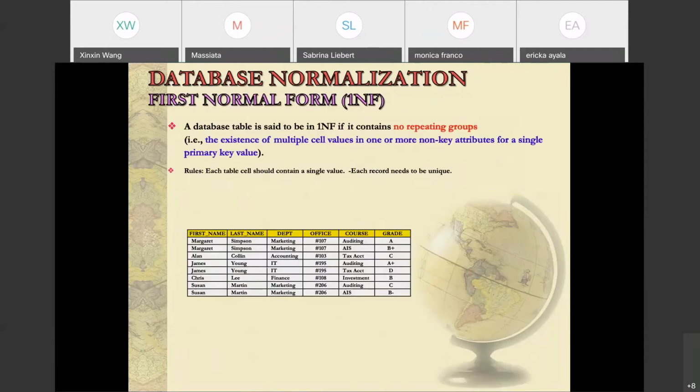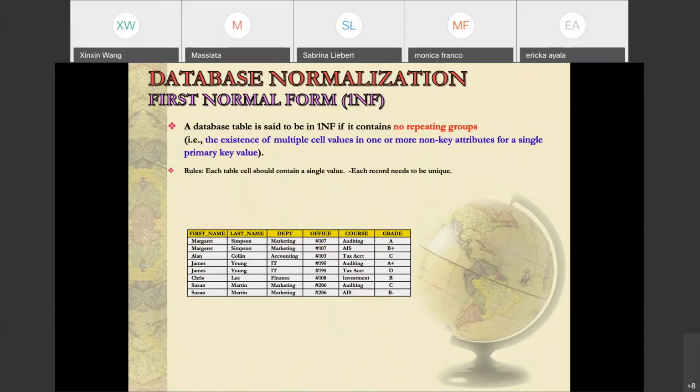So first, we're going to talk about the first normal form. So it's a database table, right? And it is a property of a relation in a relational database.